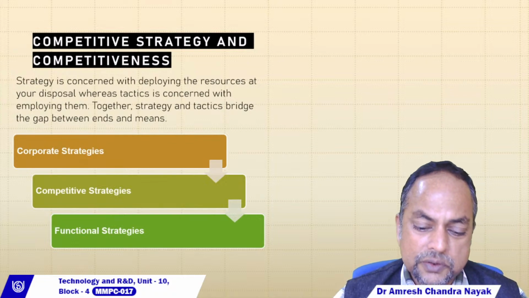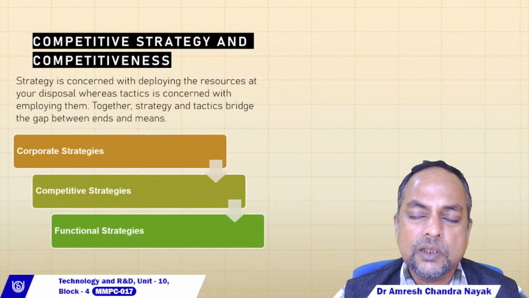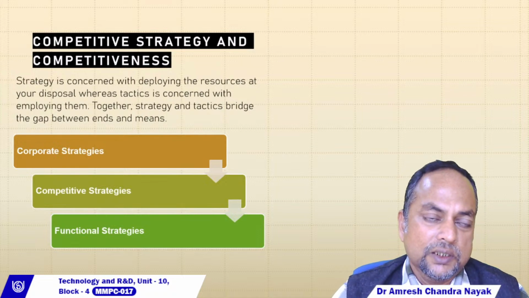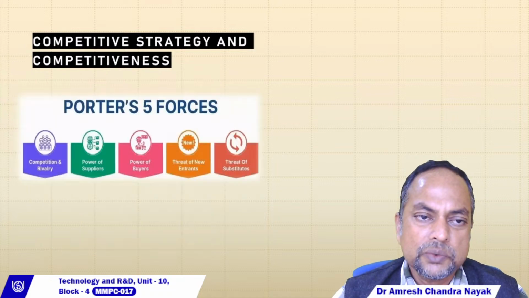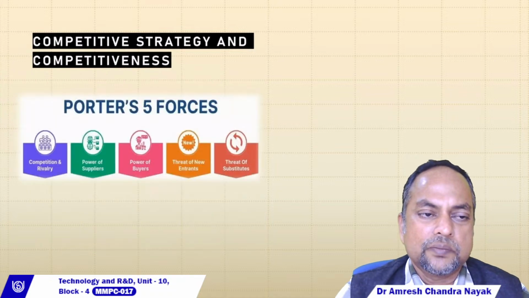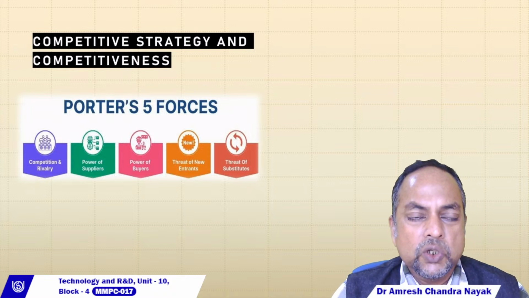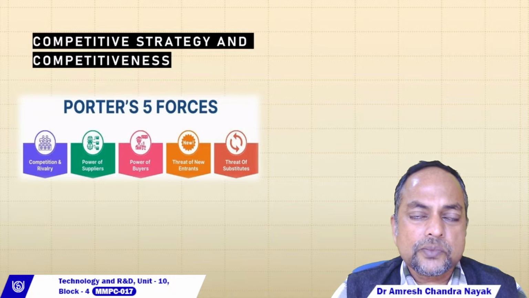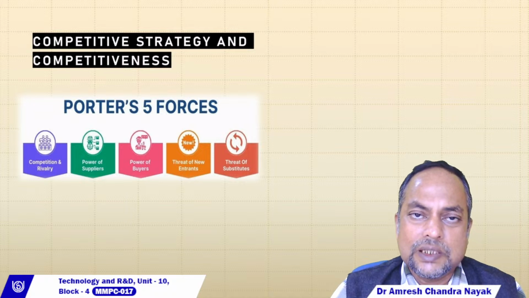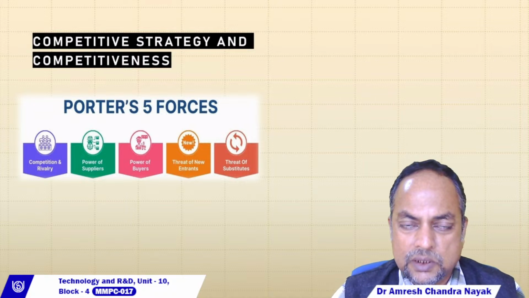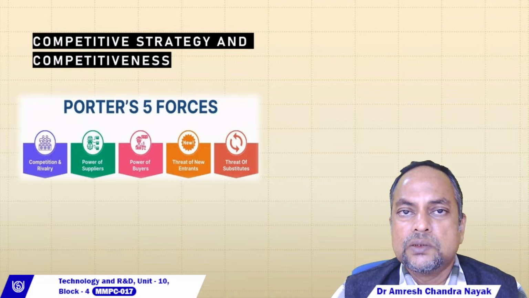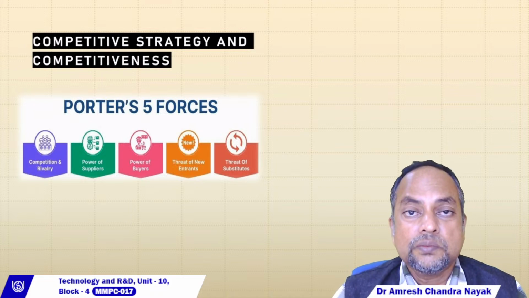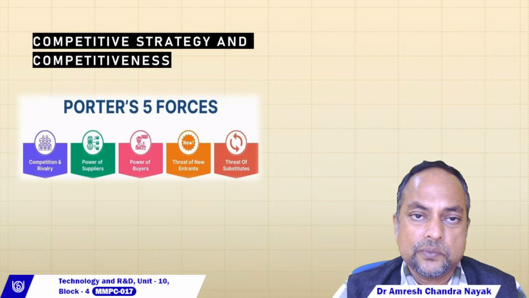But when we talk of having this competitive advantage, in our previous class we were discussing Porter's 5 force model. Organizations nowadays are affected by these 5 different external forces. They have existing rivalry, meaning the kind of competition that exists among the existing players of the industry.